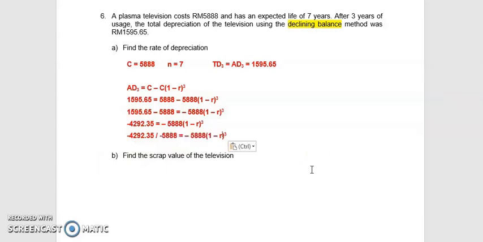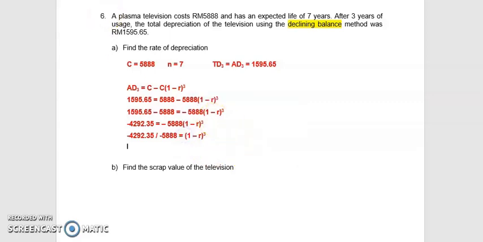On right hand side you only have 1 minus R power of 3. Negative divided by negative we will get positive. If you divide this one we will get 0.729. So here we have 1 minus R power of 3.